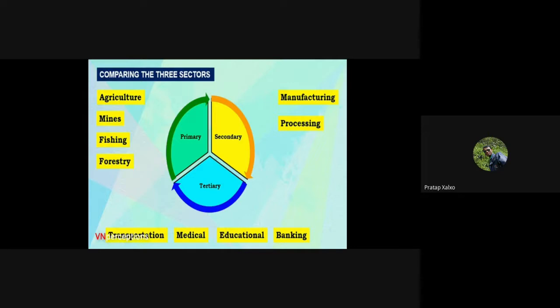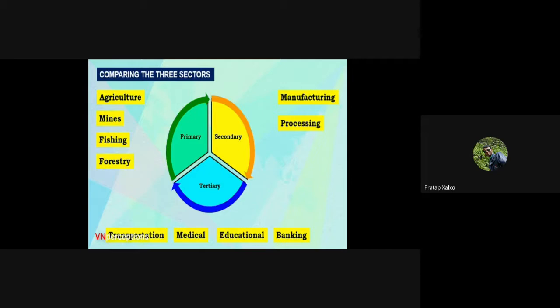They may have to be in industries or they may have to be to the customers. There it is transportation that helps. When it is manufacturing and processing work, they require raw materials, and that comes from agriculture, or that comes from mines, that comes from fishing, that comes from forestry.